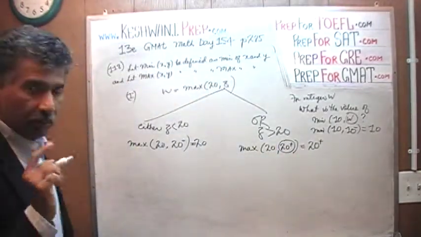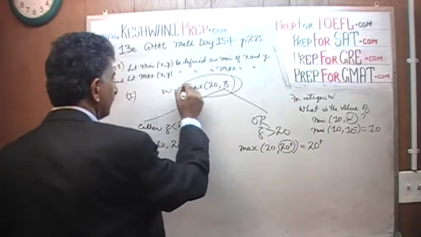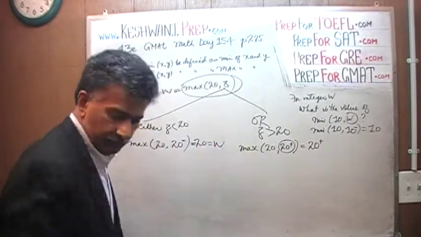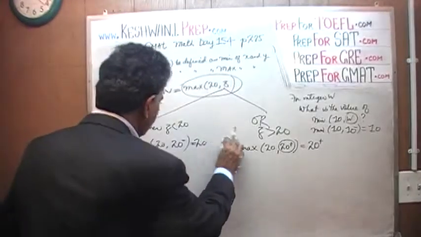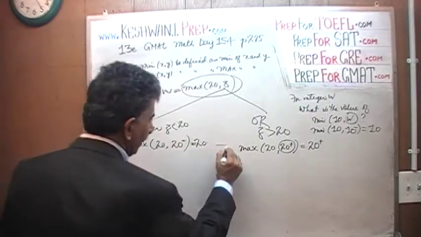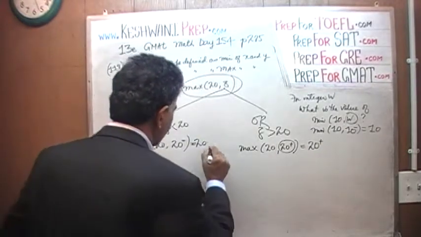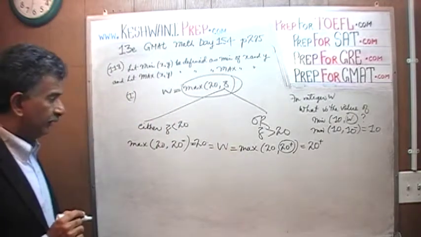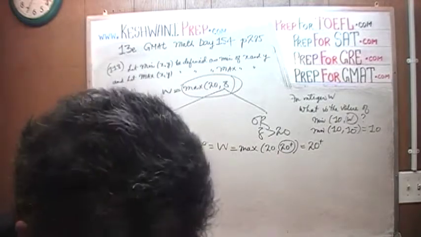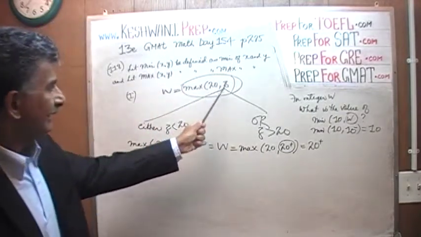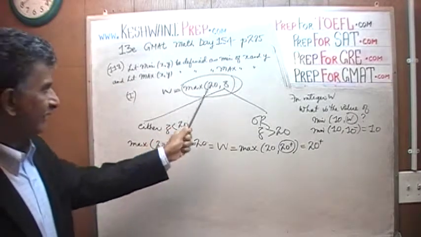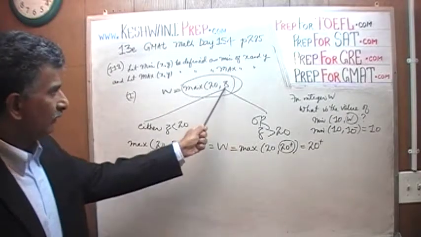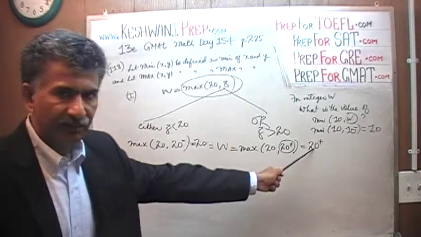But we are told that this quantity equals w. This quantity equals w, and so does that quantity. In other words, one more time, we are told that the maximum of 20 and z is w. Well, z is either less than 20, in which case the answer is 20, or z is something more than 20, in which case the answer is something more than 20.